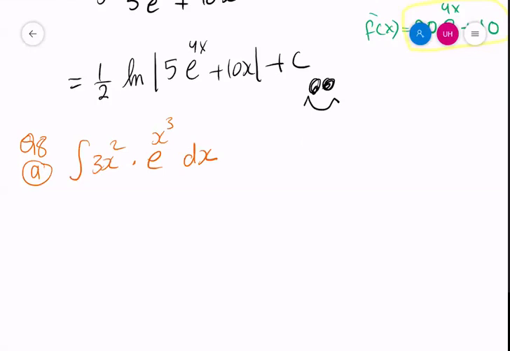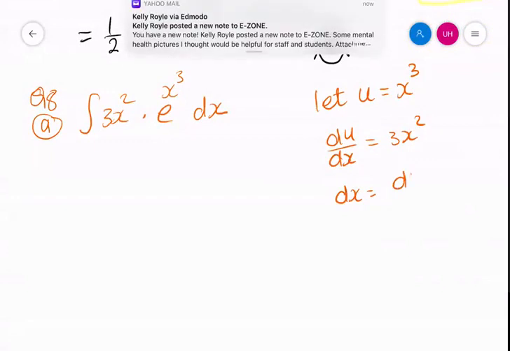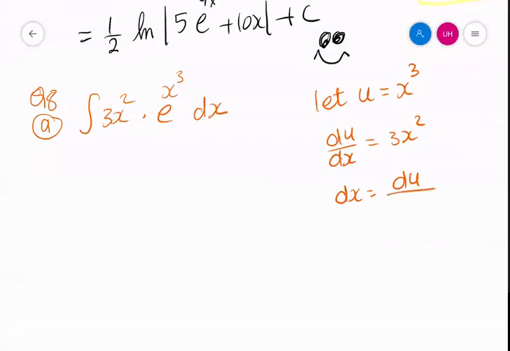Let u equal x to the power 3. Okay, and du over dx is 3x squared, and therefore dx equals du over 3x squared. You still with me?